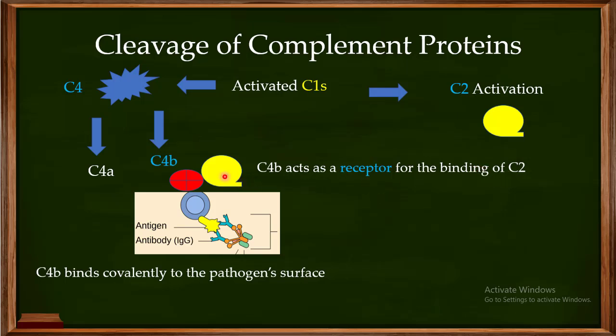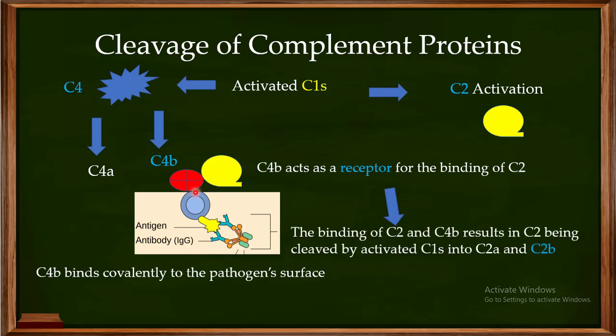So when the C2 binds to the C4b, this binding of the C2 and the C4b results in the C2 being cleaved by the activated C1s into the C2a and the C2b. So when the C2 is attached to the C4b, the activated C1s acts on the C2, thereby giving you two fragments, the C2a and the C2b.